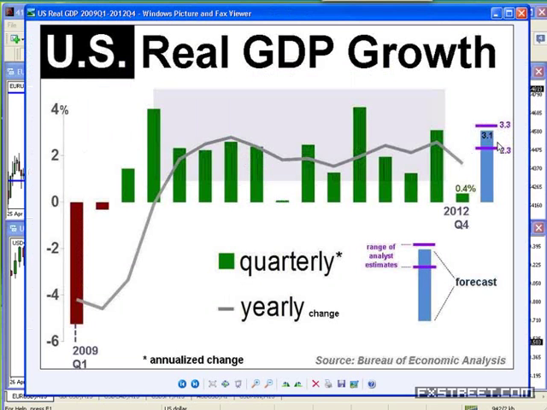The consensus forecast is 3.1% quarterly annualized growth in the U.S. So the headline figure, the consensus forecast, is 3.1%. Notice the range of analyst estimates between 2.3 and 3.3%. That will be a notable improvement over the fourth quarter of last year, final estimate of 0.4%.